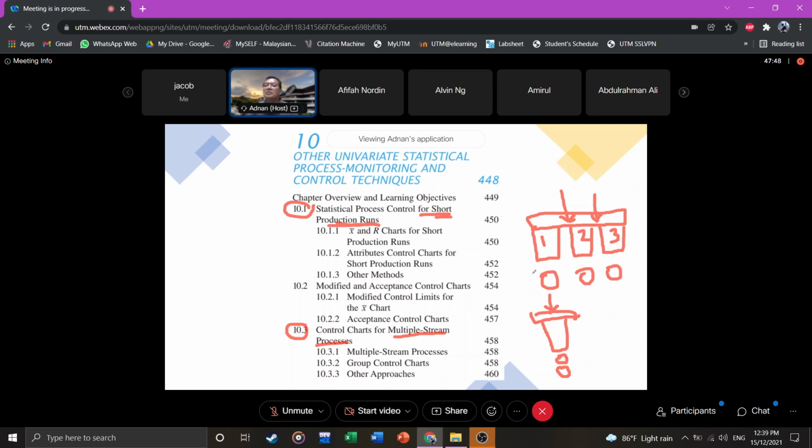Can we combine these together in a control chart? We have to be careful when we want to combine. This is the issue of the multi-stream process. The traditional method of simple control chart will not be suitable in the case of multi-stream. So short run is a challenge now, and multi-stream is a new challenge.